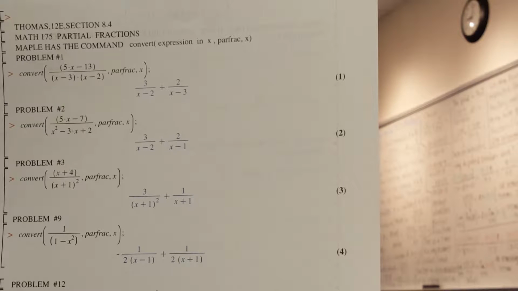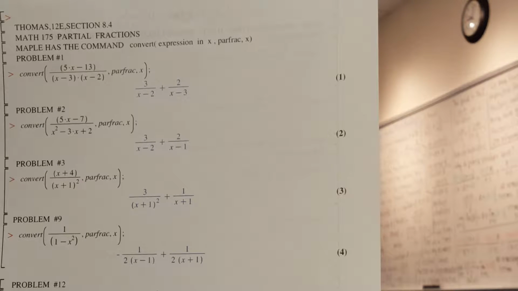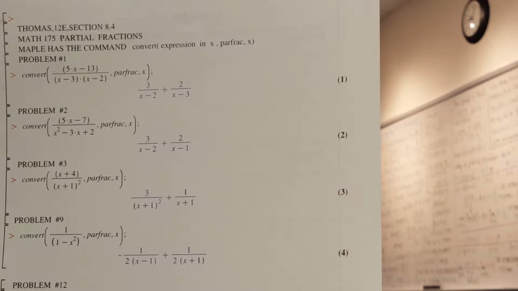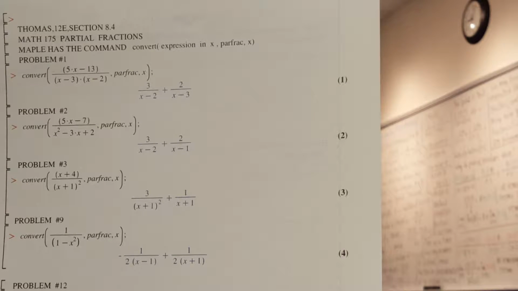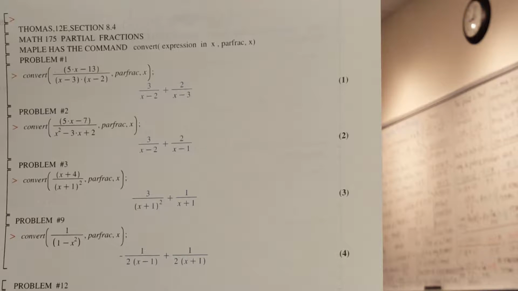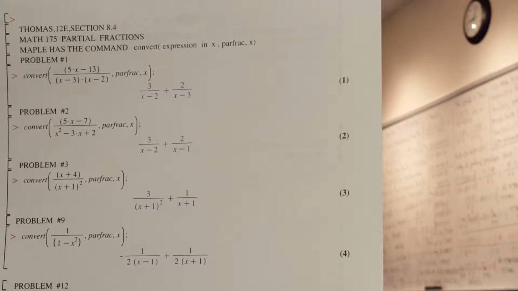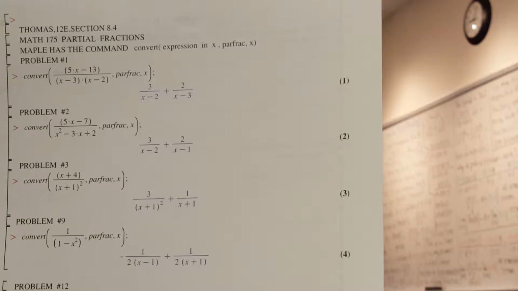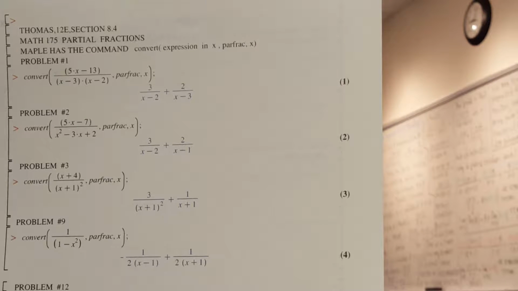And you see the 3 over x minus 2 plus 2 over x minus 3 that we did working by hand. If you look, say, at problem 3 that we just did, convert x plus 4 over x plus 1 squared, parfrac.